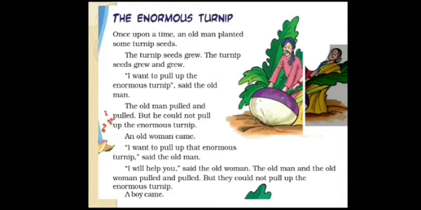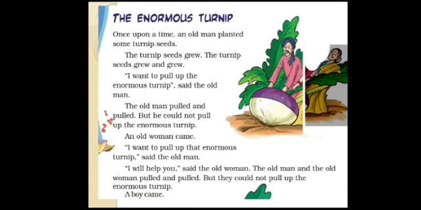Here an old woman came. "I want to pull up that enormous turnip," said the old man. The old man said to that old woman that he wants to pull up this enormous turnip. "I will help you," said the old woman. The old woman said that she will help to pull it up. Here also an old woman came, and here "the old woman" said. So look at the difference.